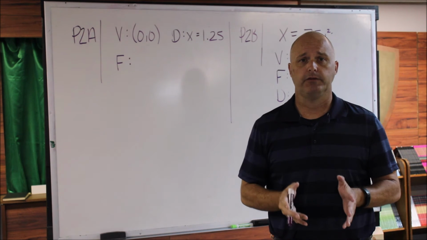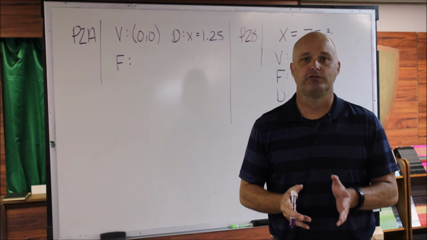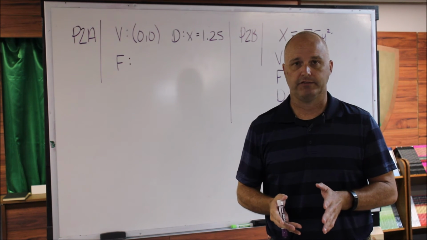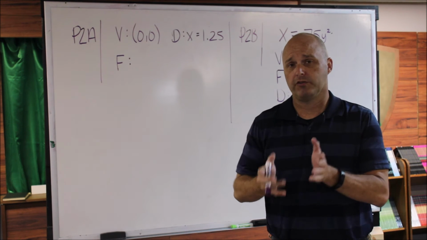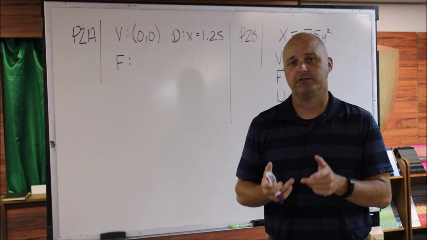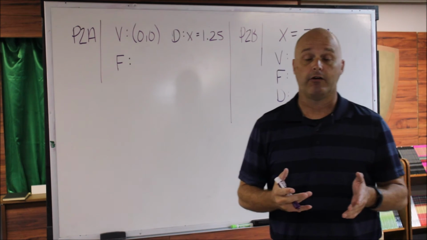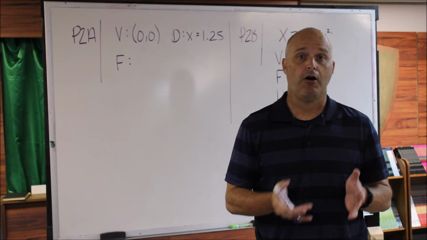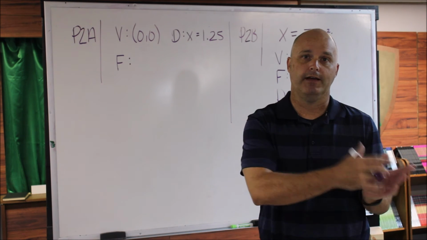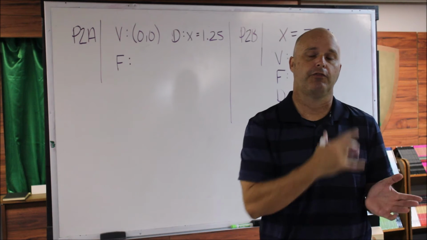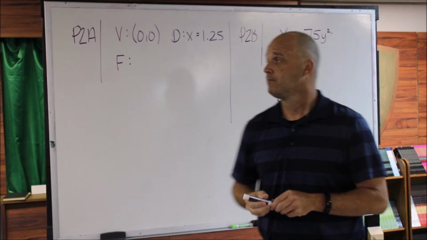If we have x is equal to 1.25, then that means that our directrix is to the right of the y-axis. That means that the horizontal parabola has to open up to the left. That then tells us that our focus is going to be on the x-axis, but it's going to be on the x-axis in between the second and third quadrants instead of between the first and the fourth.